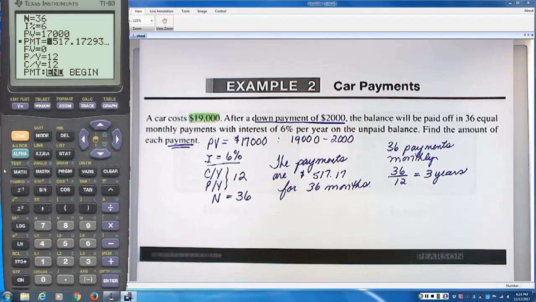Now, if you pay that $517.17 for 36 months, you have paid $18,618.12 for the car. That's the future value of the loan. That's the total amount that you paid back.